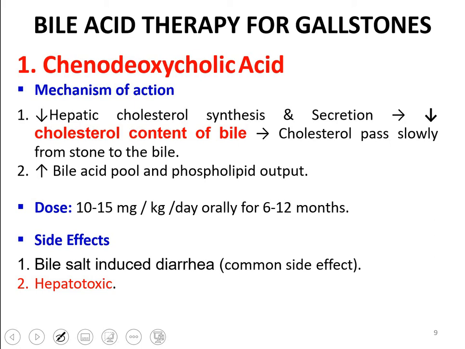Remember, it dissolves the stones, and the bile acid pool and phospholipid output are increased. The most dangerous side effect is hepatotoxicity, because it can be due to damage of the hepatocytes.